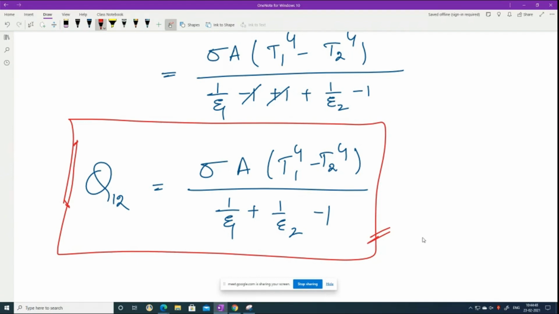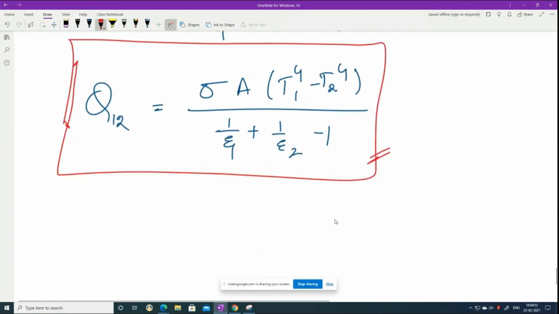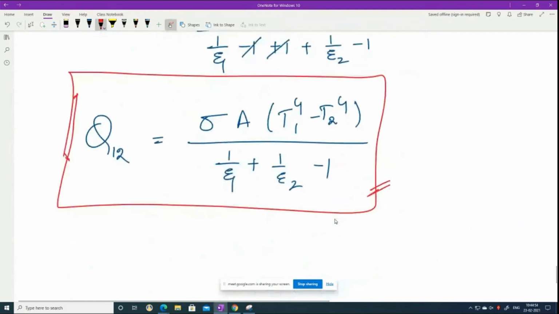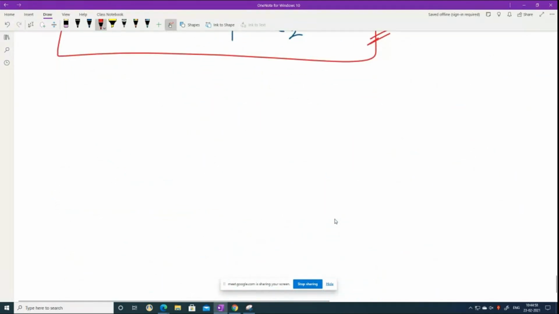The same problem that I've solved, you can solve either using the resistance concept or using the derivation formula directly. Anyways, that is the point here. Then let me quickly go to the radiation shield.